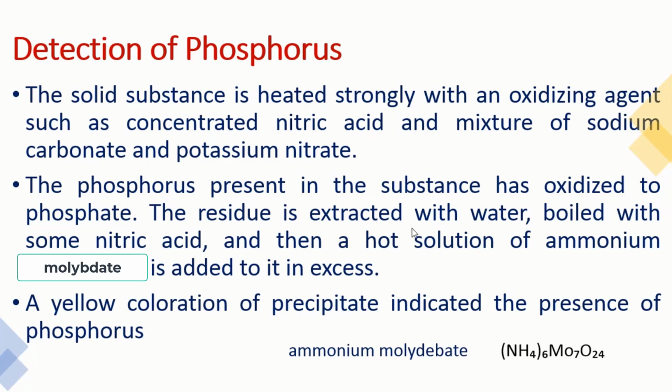Then it is added to water with acid, and we add some hot solution of ammonium molybdate. We get a yellow coloration, and this yellow precipitate shows the presence of phosphorus.